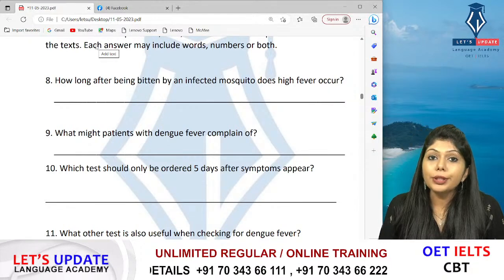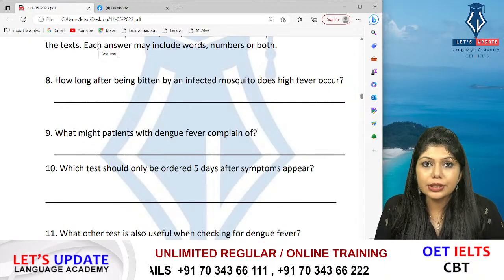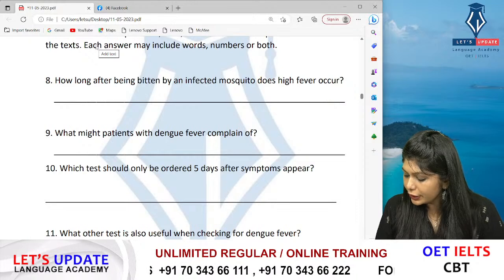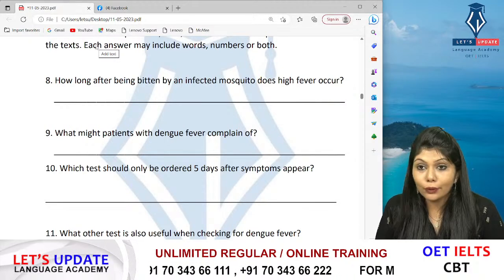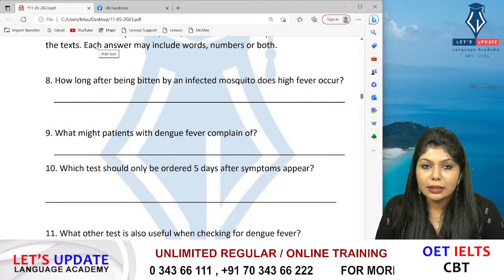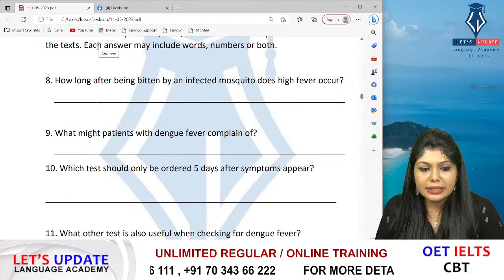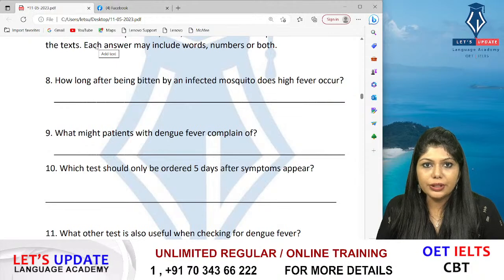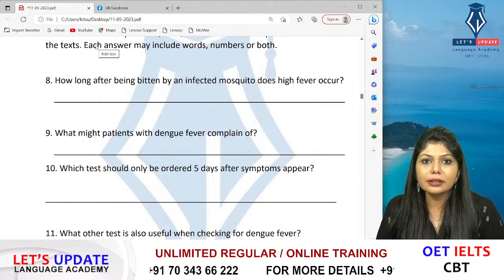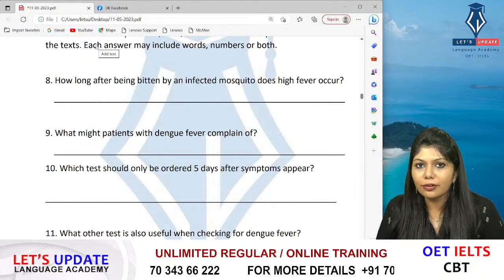Okay, you can put in your choice of answers in the comment section on Facebook. You can put in your answers and also the text numbers, whether it's A, B, C, or D. So from questions 8 to 20, you need to write the specific answer, that is the word or phrase.